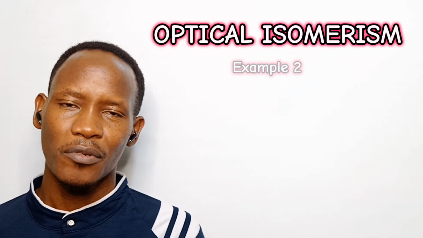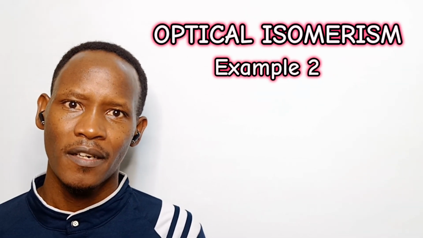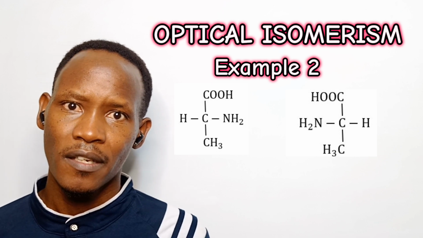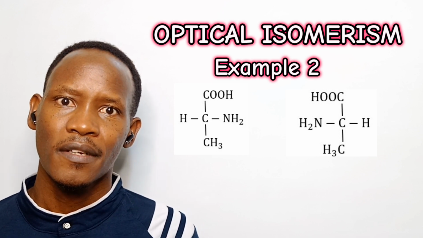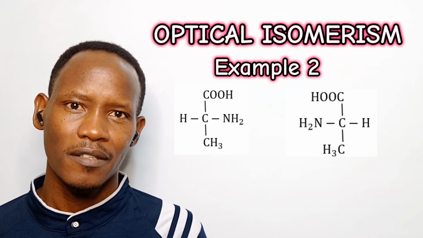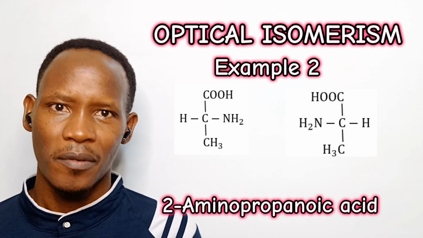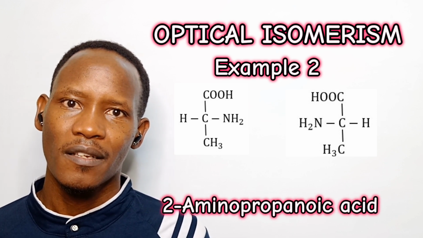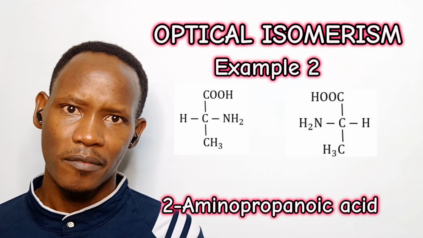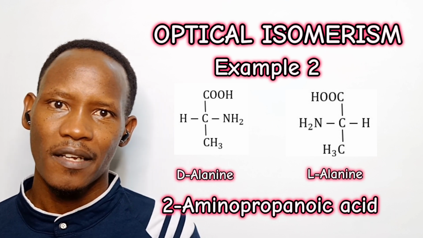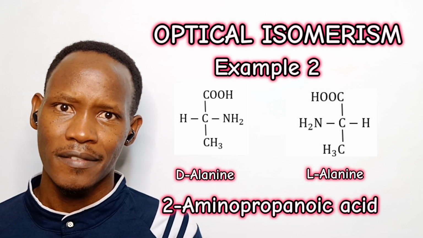The second example displayed there is the optical isomers of the amino acid alanine, whose exact IUPAC name is 2-aminopropanoic acid. The two optical isomers generated are D-alanine and L-alanine.